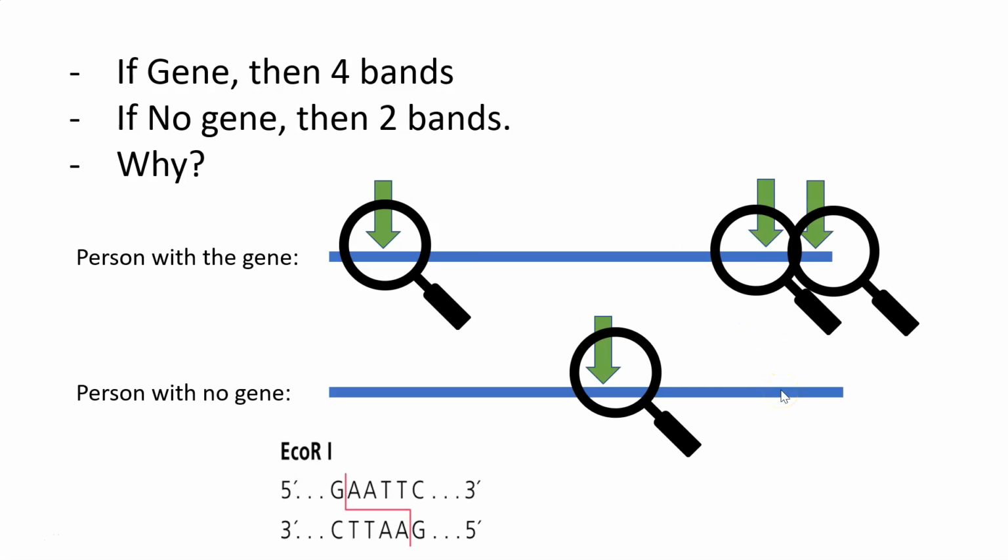In fact, if you look at all of these, you're going to find that exact restriction site, GAATTC. Why do we know this? We know this because we've sequenced this already. Why do we care about this? We care about this because it allows us to tell who is who, or who is related to who.